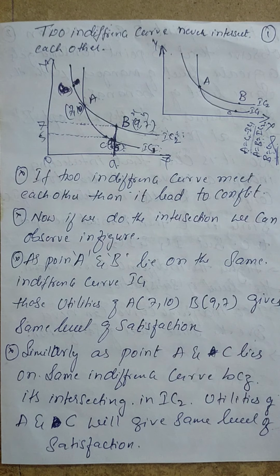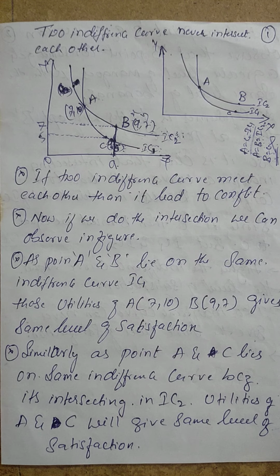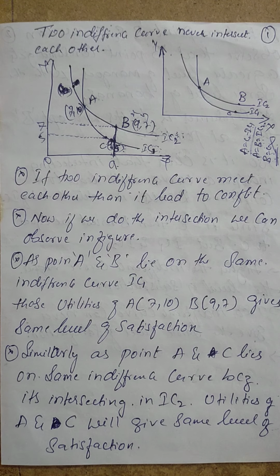So now when we make them intersect, they say that it will lead to conflicting results. Why? What are the reasons? Let us see. If two indifference curves meet each other, it leads to a conflict. So how?